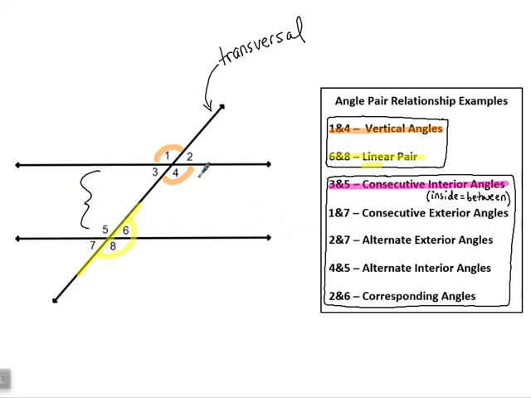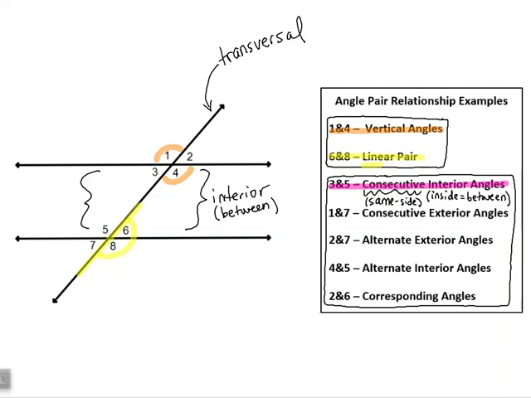So these angles here are interior because they are between the 2 lines. If the angles are not between the 2 lines, such as out here and out here, they are called exterior. The consecutive part of the name, you want to think of same side, consecutive or same side.